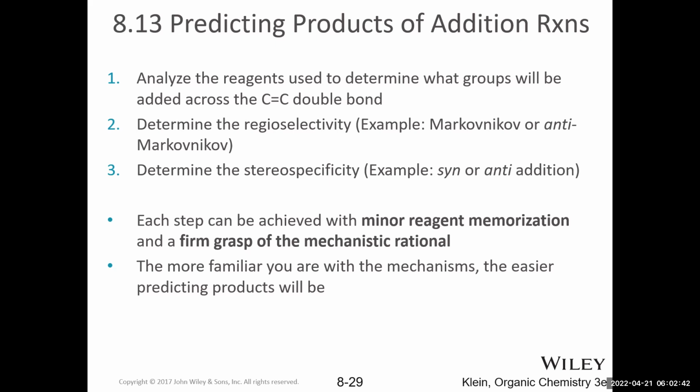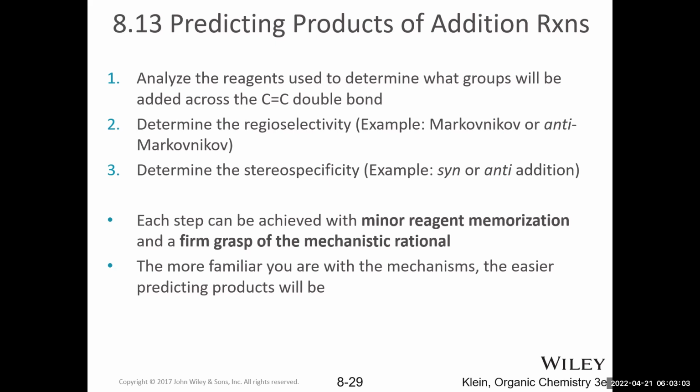So it's really important that you do some minor reagent memorization and understand the mechanisms, like why is it Markovnikov or anti-Markovnikov? What sort of mechanism? Is it going through a carbocation intermediate? Is it going through a radical intermediate?